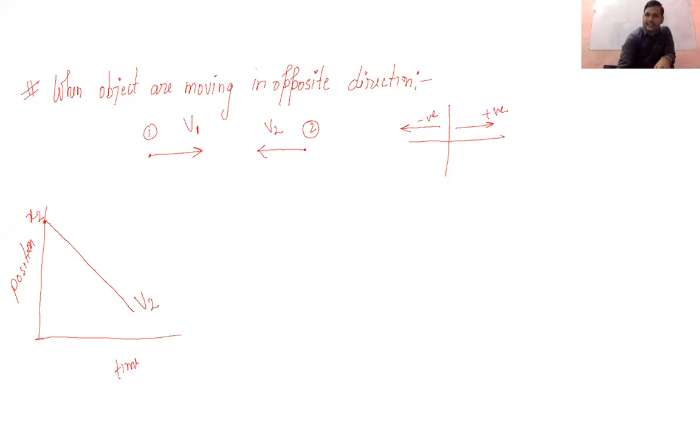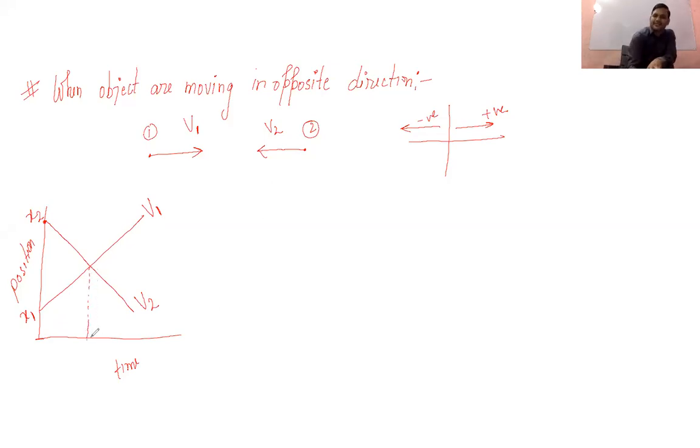In another case you can see it like this, or you may start from here. This is the position of x1, the first body, and its velocity is v1. At this point they are going to meet each other.